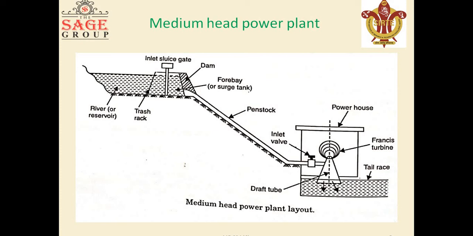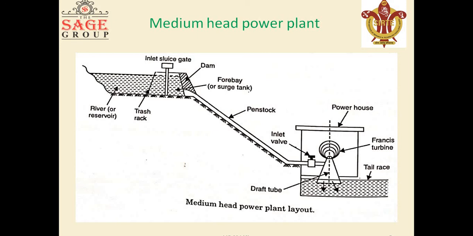In such plants, the water is generally carried in open canals from the main reservoir to the forebay, and then to the powerhouse through the penstock. The forebay itself works as a surge tank in this plant. So this is the simple construction of a medium head power plant.